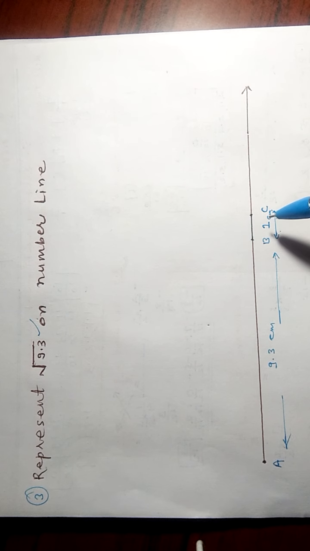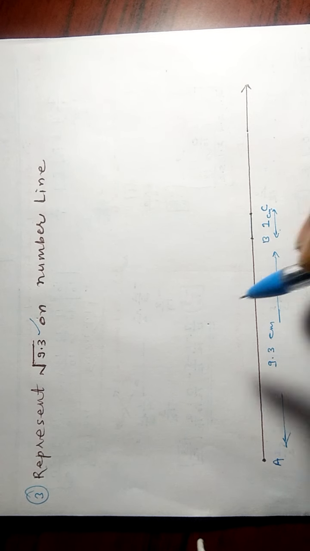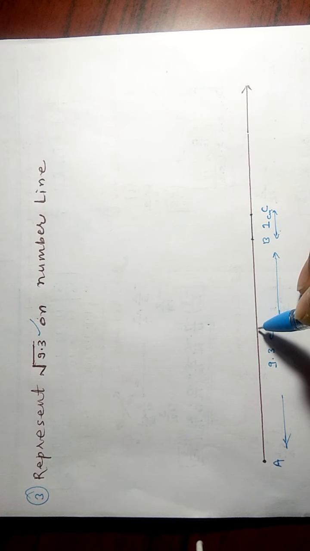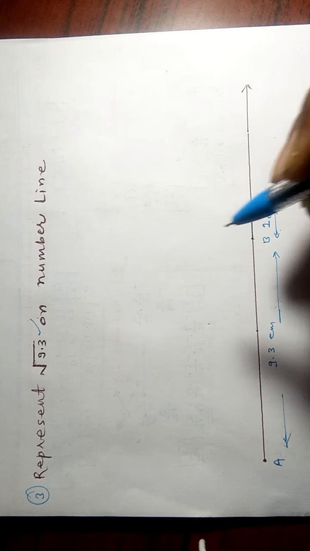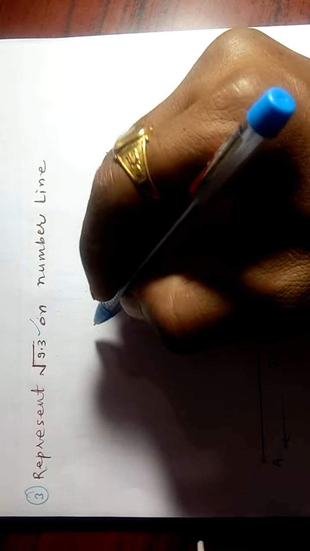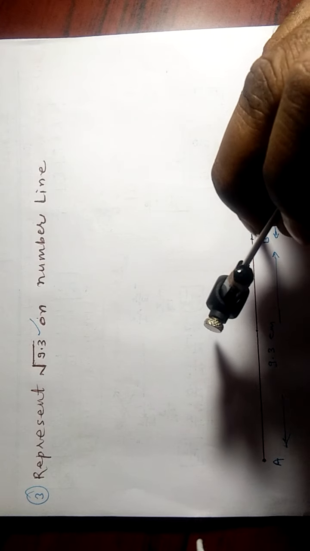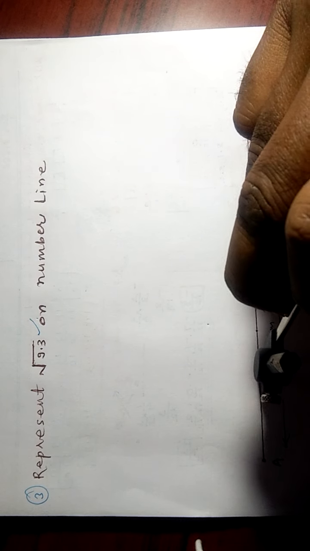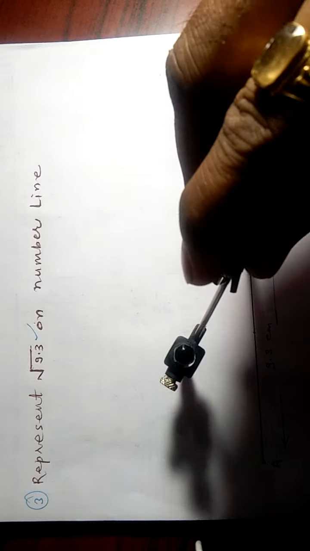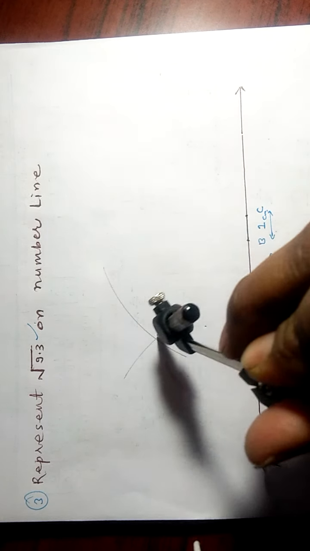Now find the midpoint of this AC. So we have a perpendicular bisector, so we find the midpoint here, and you know very well how we can draw the perpendicular bisector. We will take more than half of this AC and let it intersect at this point.